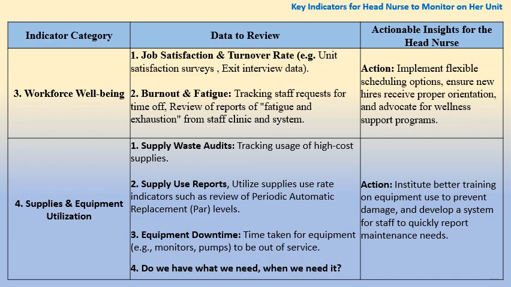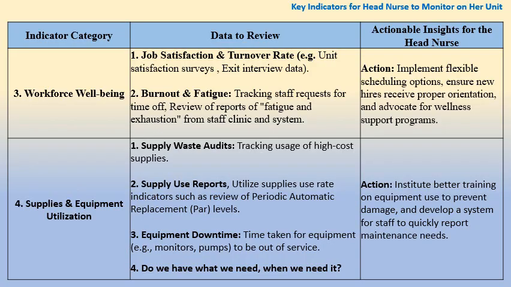Indicator 4. Supplies and equipment utilization. Data to review. 1. Supply waste audits. Tracking usage of high-cost supplies. 2. Supply use reports. Utilize supply use rate indicators such as review of periodic automatic replacement, PAR levels. 3.